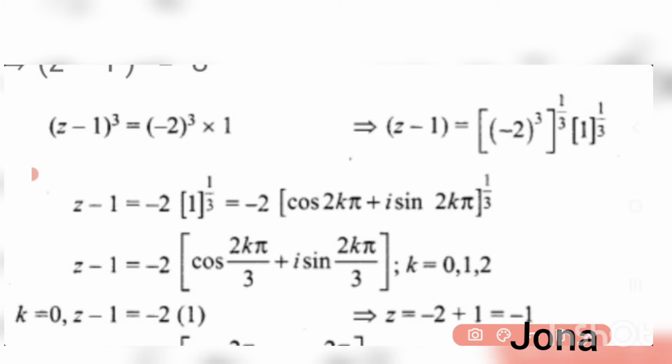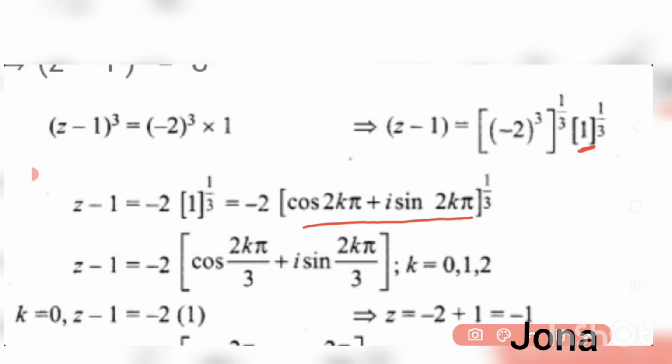Since it is the cube root, we can find the values. We can write this 1 in the polar format. Already from the previous problems we know the polar form of 1 is cos 2k pi plus i sin 2k pi.